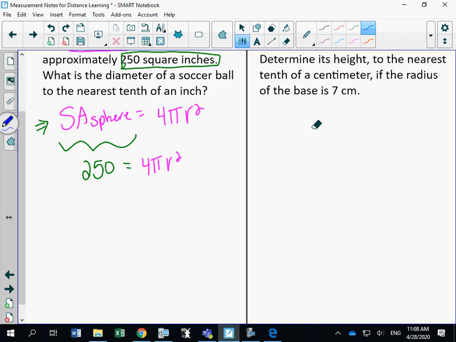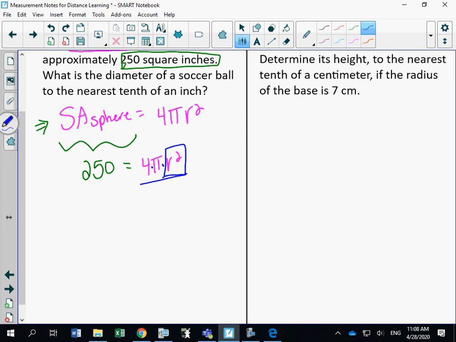This is 4 times pi times r squared. If I said, I want you to get r squared by itself, how would you get rid of that 4 and how would you get rid of that pi? Because r squared is being multiplied, the opposite of multiplying is dividing.